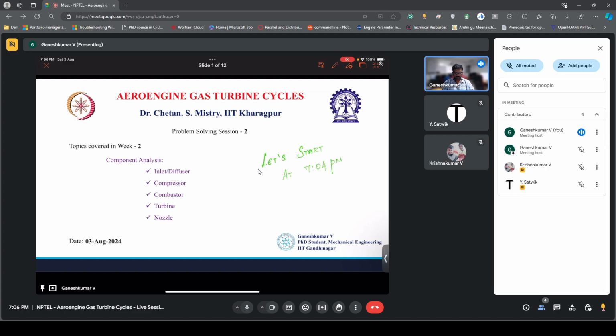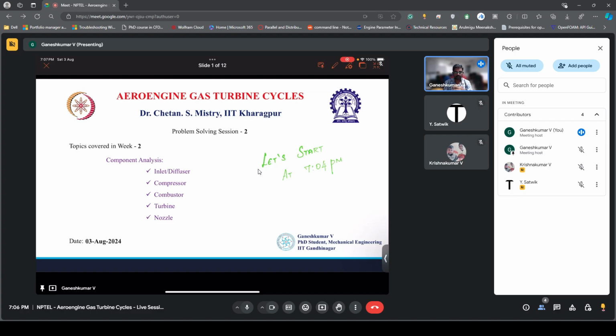Okay. In week two, we covered each and every component of a gas turbine engine. The basic components of gas turbine engines include the inlet or diffuser, you can call it either way, compressor, combustor, turbine, and so on.